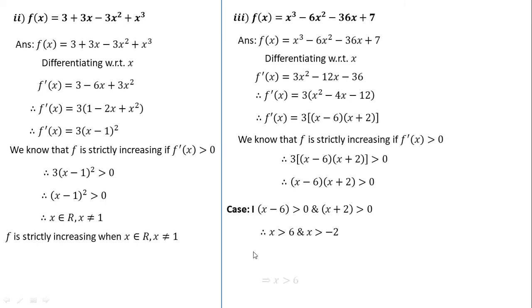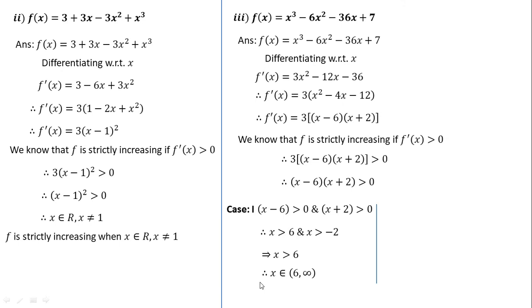Now common between them will be x greater than 6 on the real line, because all the numbers which are greater than 6 are also greater than minus 2. So that's why we get x greater than 6. And on the real line, x greater than 6 means the interval is 6 to infinity, where the function is strictly increasing. This is by case number 1.